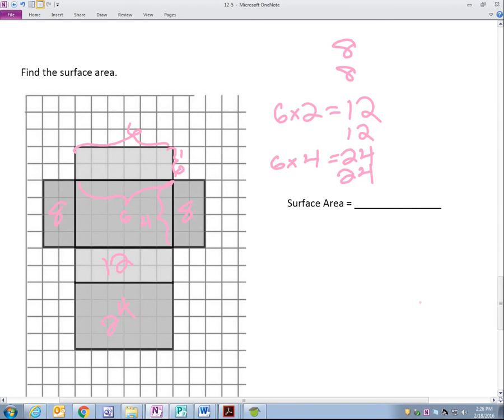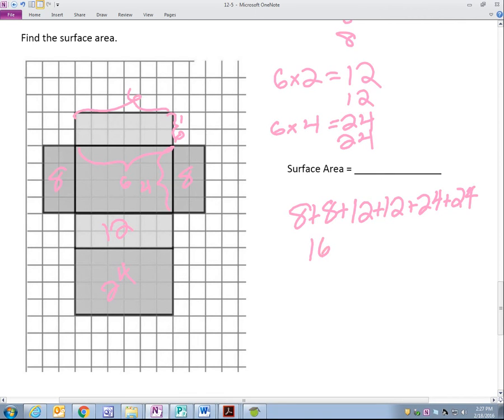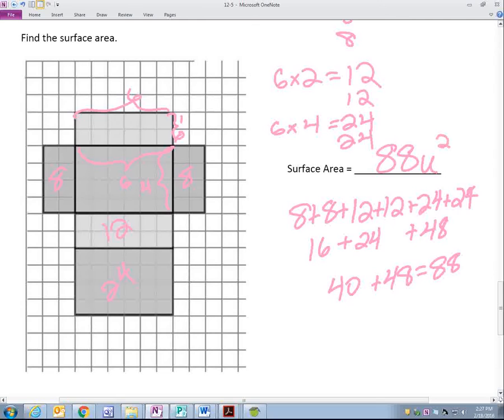So I have to add all those up. 88 units. Now, because this is surface area, I have to do units squared. This is a three-dimensional object. However, we're looking at it in a two-dimensional way.